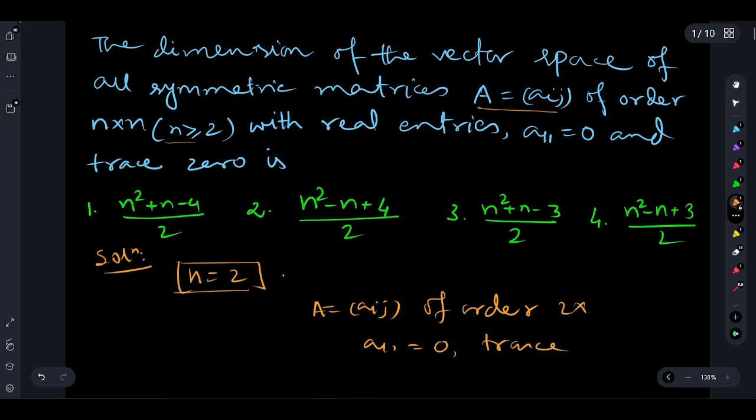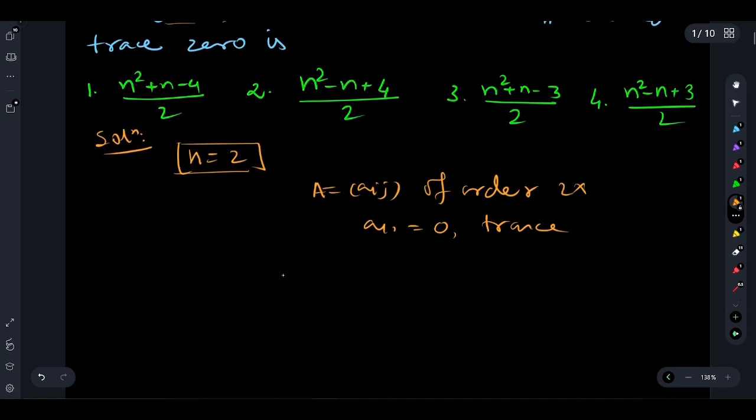then an arbitrary matrix of this vector space looks like this. A11 is equal to 0, so this one is 0, and this one is A12, and since this is a symmetric matrix, this one must also be A12. Now this is A22.